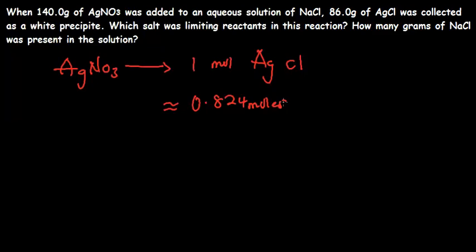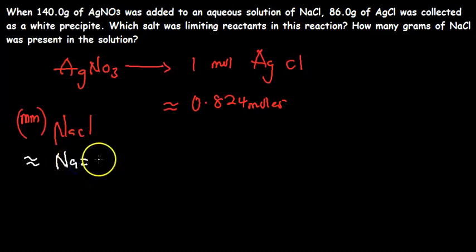So first thing we need to do is to calculate the molar mass of sodium chloride. In this case, Na, which is sodium, on our periodic table is simply going to be 22.99 grams per mole.